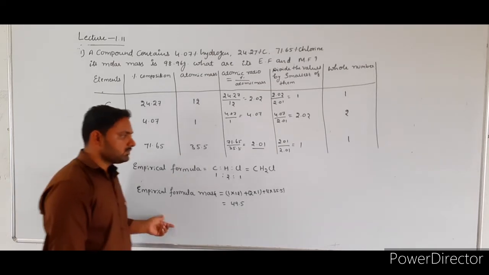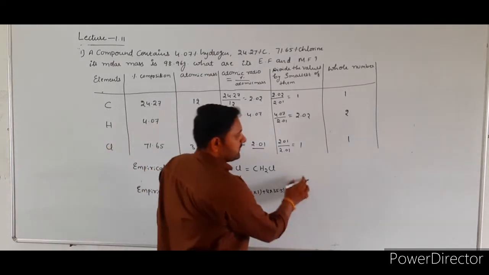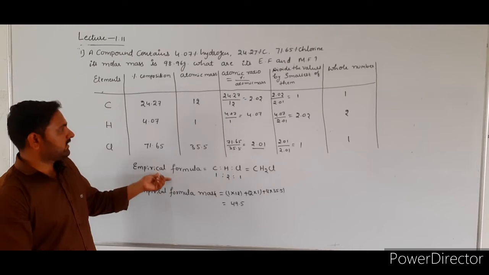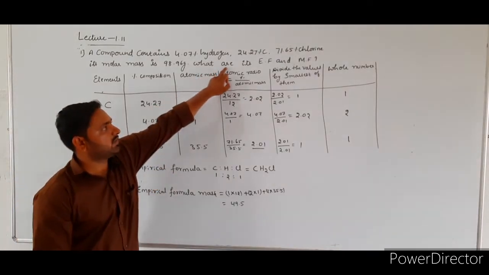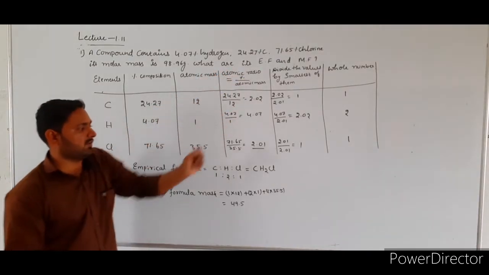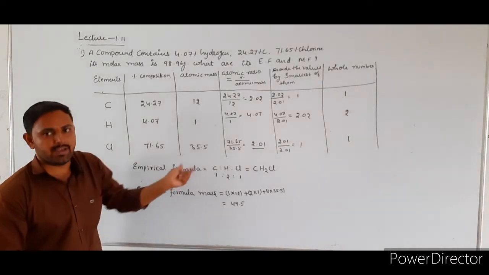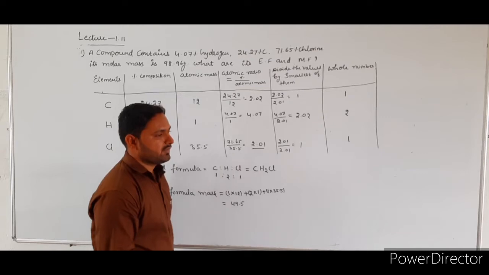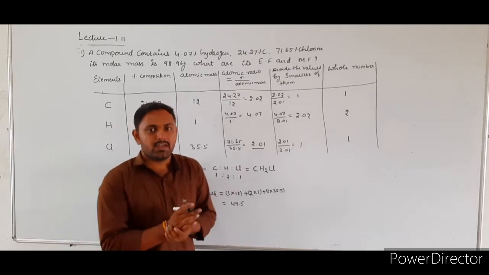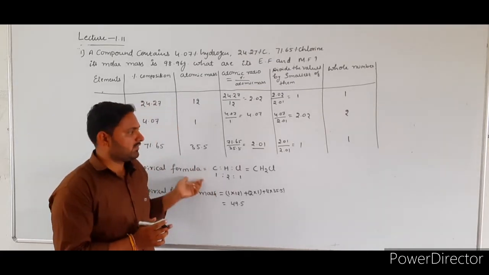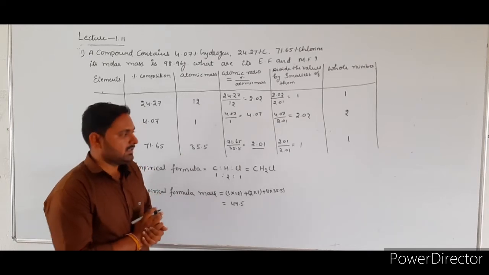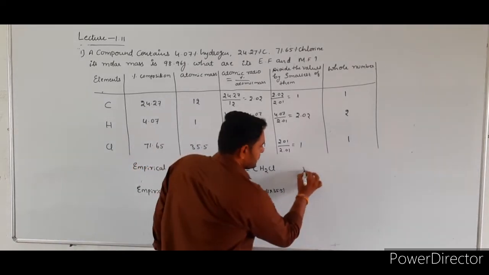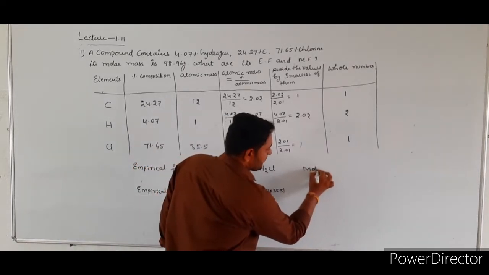Next, you have to calculate the molecular formula. This is the empirical formula. Next, we have to find out the molecular formula. To find the molecular formula, first we should know the relation between molecular formula and empirical formula. I will write the relation here, you note it down.